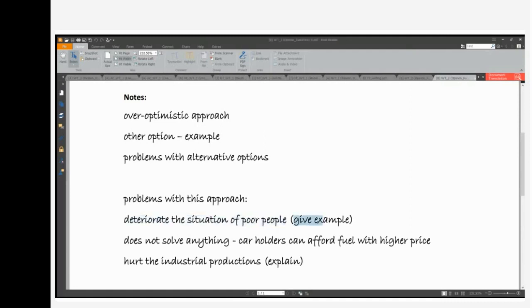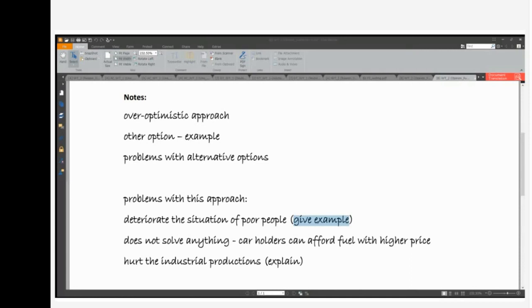We can also say, there are millions of people in the world who go to their work by public transportation. So, if we increase the price of fuel here, that will make the transportation cost higher, and the fare of these.